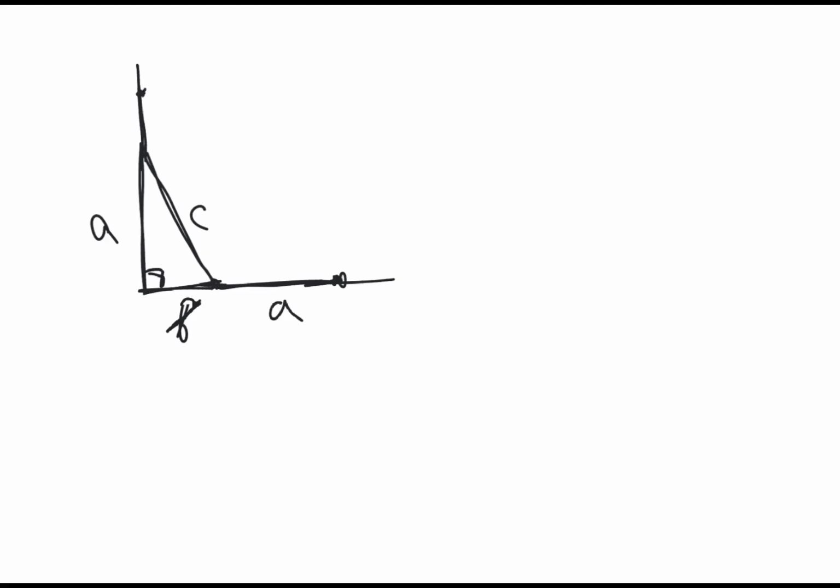So we have this triangle, A, B, C. So what we do is we extend these two sides, and we measure the segment of the length A here and of the length B here.